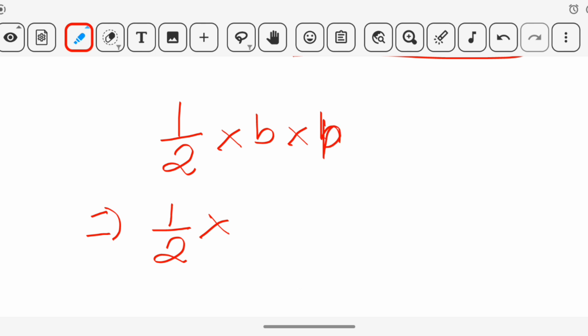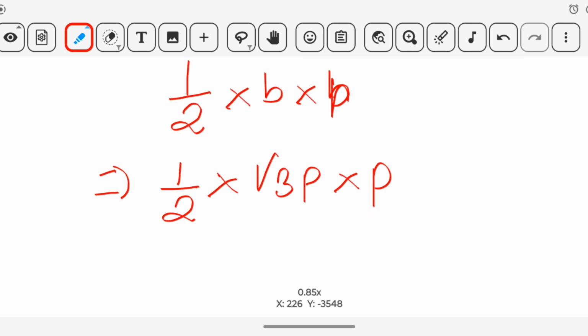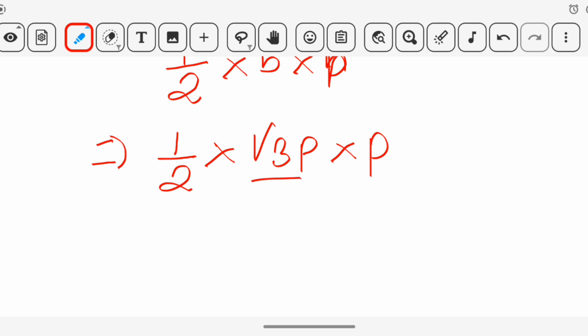So half base is root 3P multiplied by P, because this is the area, half base into perpendicular. Instead of base we have written root 3P, and instead of perpendicular we have written P.